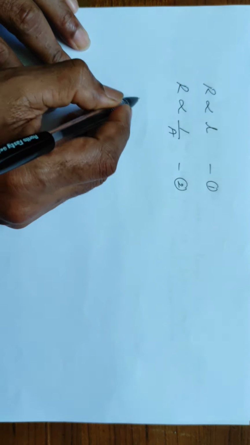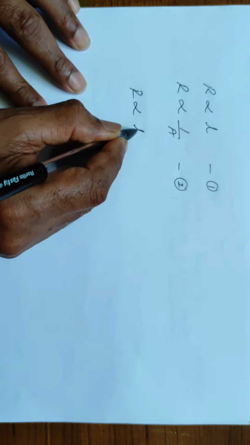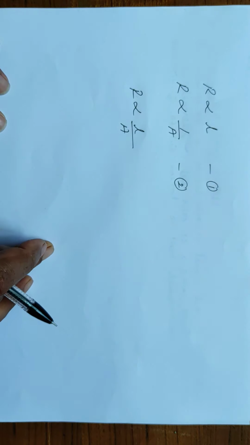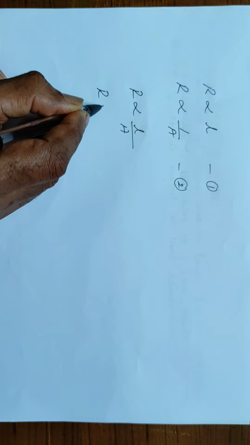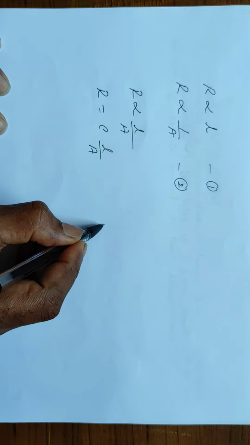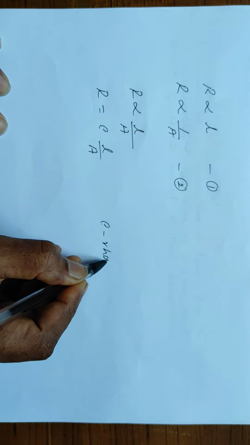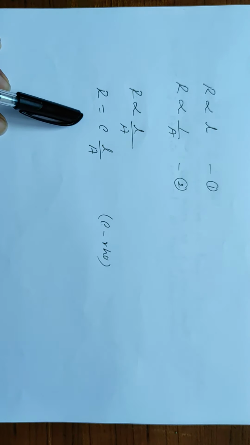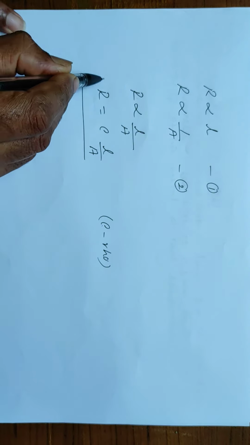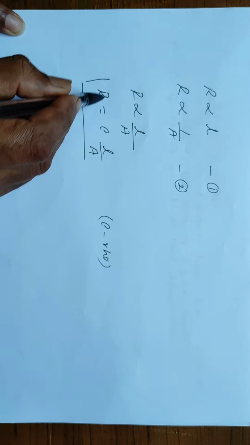Let me combine these two. Resistance is directly proportional to length and inversely proportional to area of cross section. R is equal to rho into L by A. This rho is called proportionality constant.